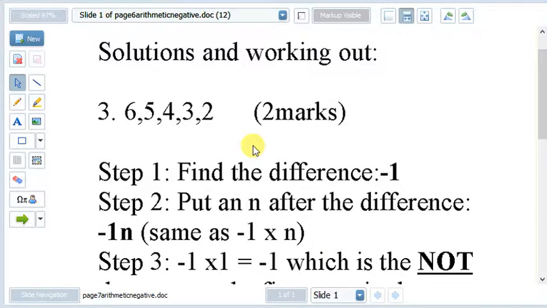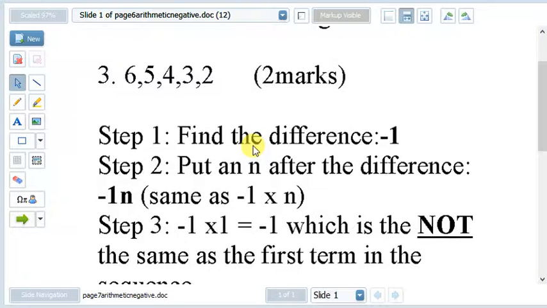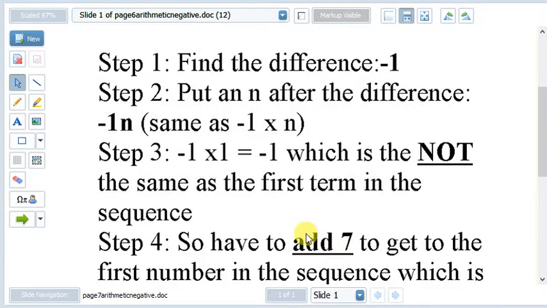Solutions and working out, question 3. Now this one here looks quite an easy one, but usually the easy ones are the hardest. So step 1, find the difference, and this is going down by 1 each time. We put an n after the difference, so it becomes minus 1n, or just minus n, and then we choose n equals 1, so it becomes minus 1 times 1, which is negative 1, and that is not the same as the first term in the sequence.